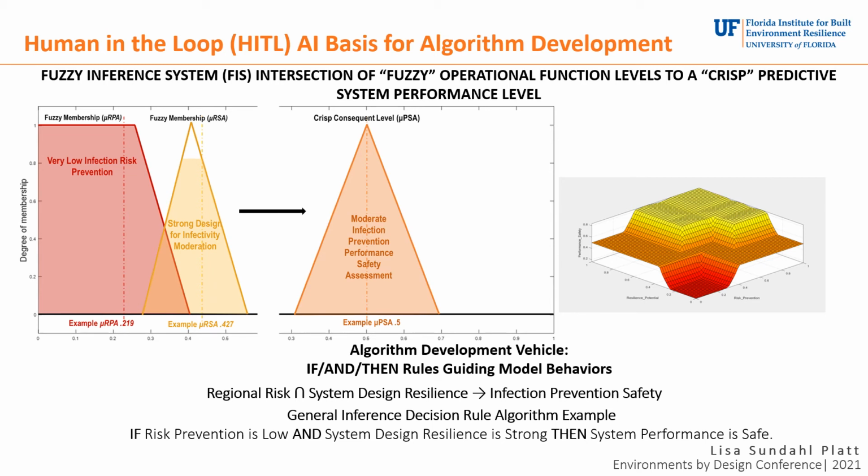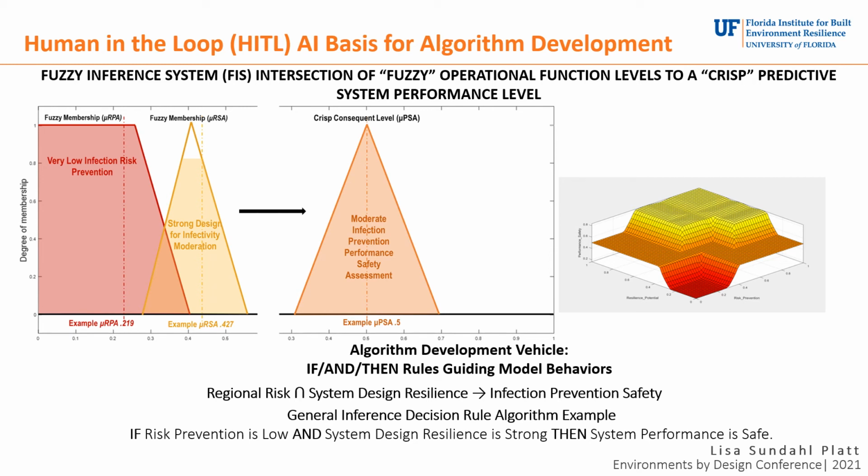These categories can then be grouped by their perceived percentage level of systems resilience performance, and then apportioned into associated resilience performance membership functions. Basically, to evaluate the specific outcome of two fuzzy possibilistic levels of infection risk possibility and infection prevention design resilience potential, we use a method that allows us to derive the integral average of the relational intersection of these two factors related to the design of the healthcare environments called center of gravity.